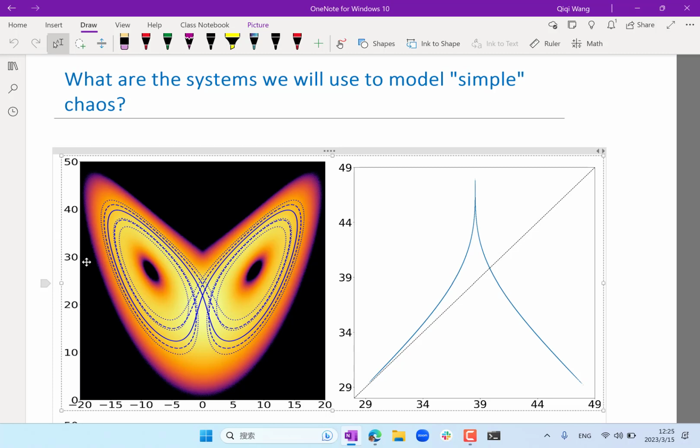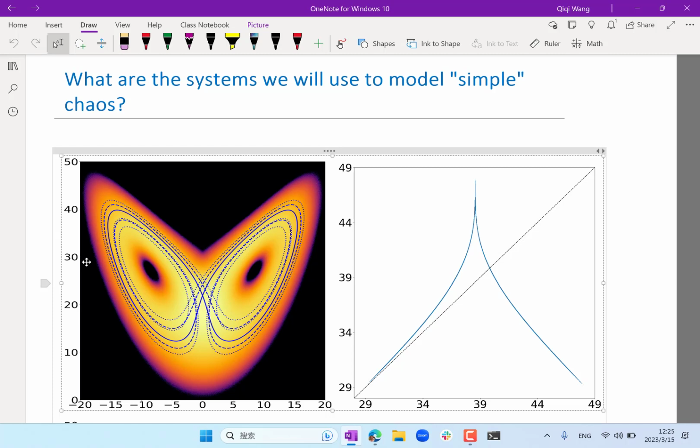It turns out if you connect the two centers, so these two centers are actually two unstable fixed points of the Lorenz equation, if you connect them, by connecting them I mean actually slice it through the z-axis, you're going to see that all the trajectories intersect the xy plane on almost a one-dimensional line.